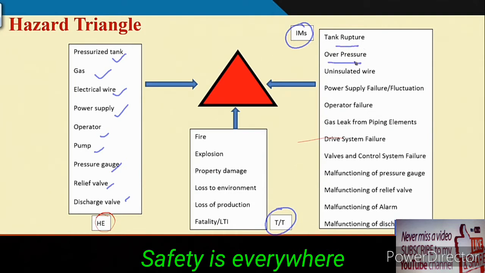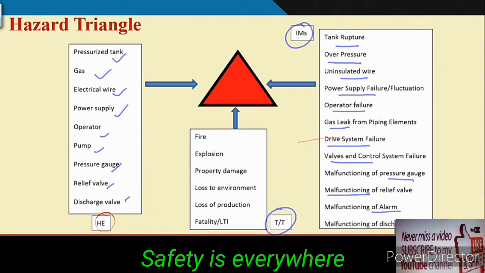Now, overpressure inside the tank, uninsulated wire, power supply, operator failure, gas leak, drive system failure, control valve failure, malfunctioning pressure gauge, relief valve malfunction, alarm malfunction, malfunctioning of discharge valve, operator.